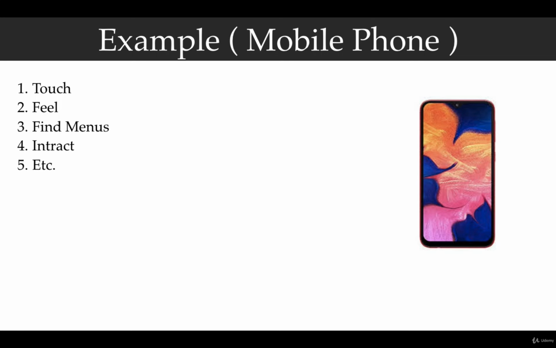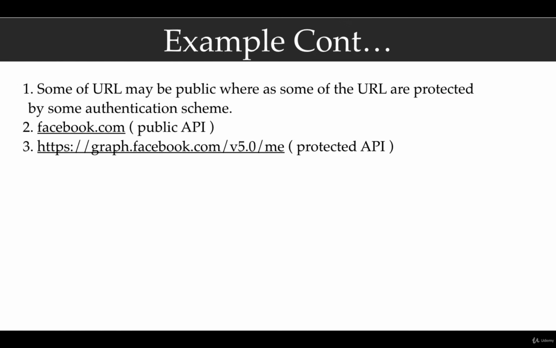And again, as I said, API is a URL. A URL can be of two types: one is public and the other is private. A public URL is one where you hit that URL and you get the response. For example, I have put here facebook.com. It is a public URL.